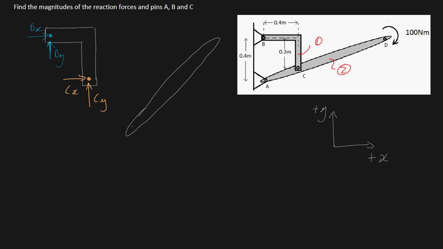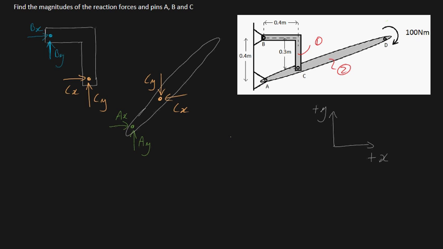We know point A is a pin support, so we're going to have Ax just here and Ay just here. We also know we're going to have reaction forces at point C again, but this is the tricky part. Remember, we've assumed directions for Cx and Cy in the free body diagram before, and because this is a separate object but still connected, due to Newton's third law, Cy must be downwards on this one and Cx to the left on this one just here.